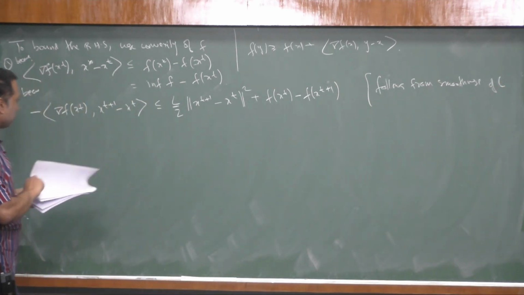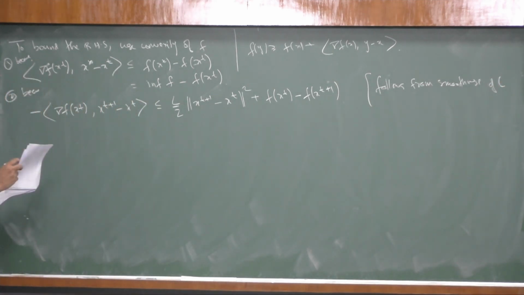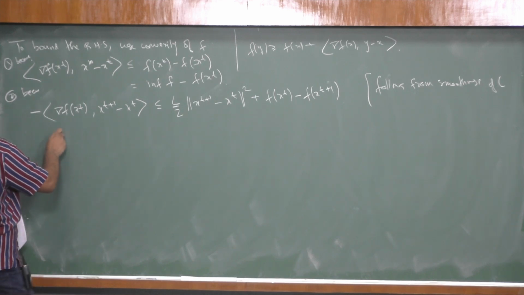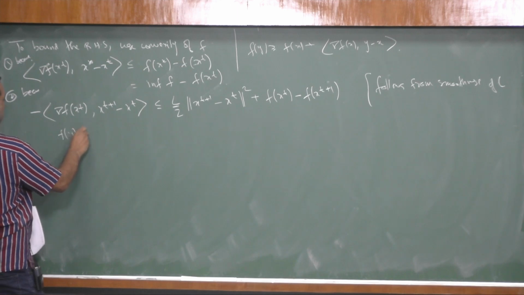So why is that? Is this really smoothness? If yes, then how did it come from there? Smoothness, what we recall, is an upper bound.